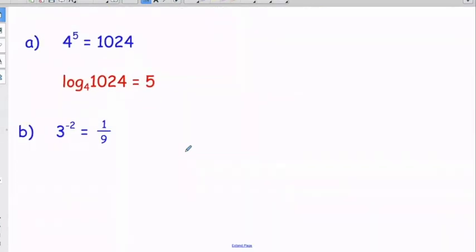I've got another example here. 3 to the minus 2 is equal to a 9th. That's another fact. We know that that's true. If again, I write my relationship down between the exponential and the inverse, the log, then I can just apply that to my question. This time 3 is my base.